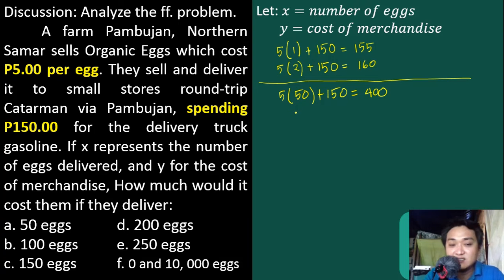How about, let's say, nag-deliver naman sila ng 100 itlog for that day. So, let us try. That is 5, yung presyo ng itlog, times 100, plus 150. That is equivalent to 5 times 100, 500. So 500 plus 150, that is 650.